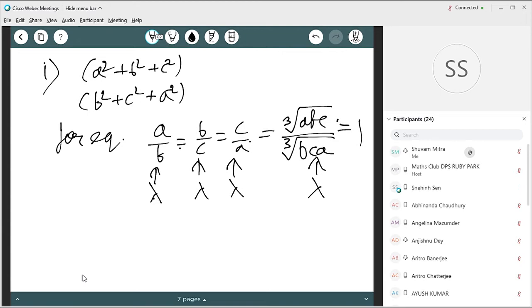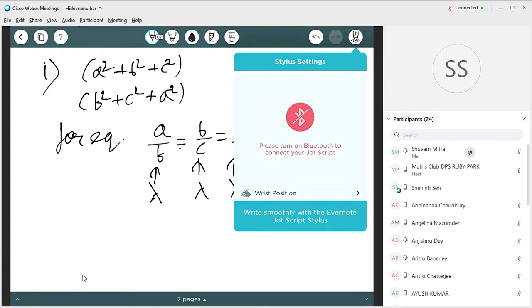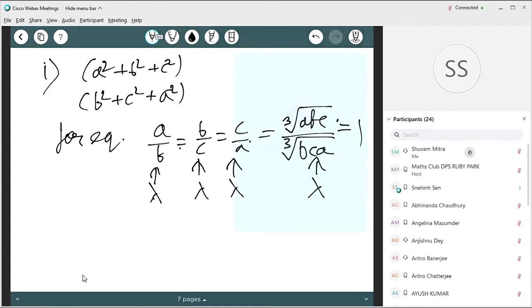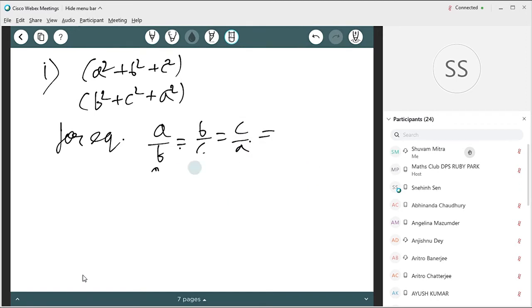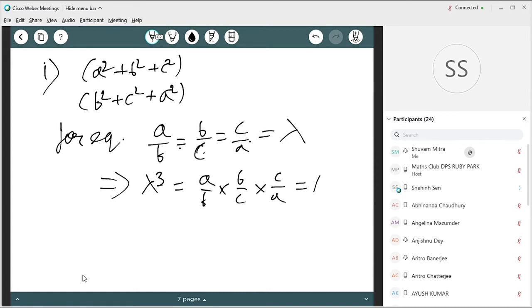Or if you don't want to do such stuff, and you think this is not necessary, then you can do the following, and this is easier. You take this equal to lambda, then that would imply lambda cube is equal to a by b times b by c times c by a by definition, which is equal to 1. But lambda is a real number, so this would imply lambda equals 1.